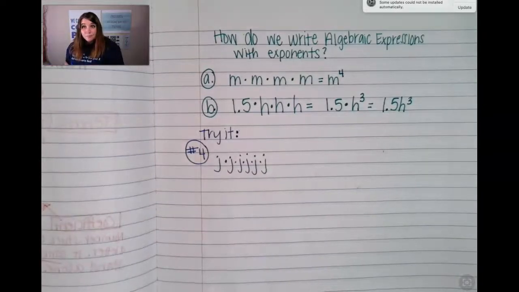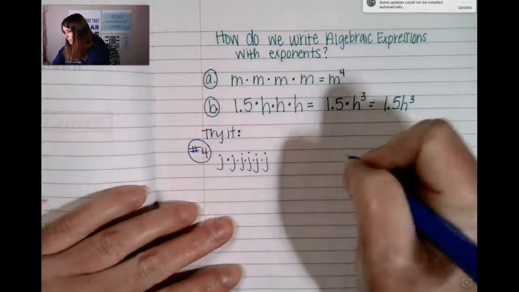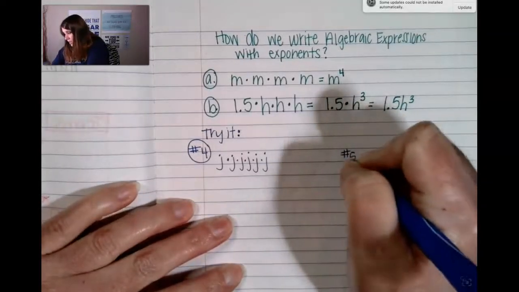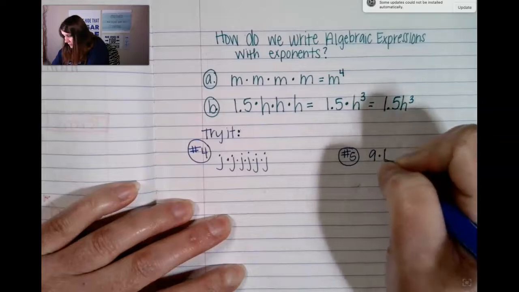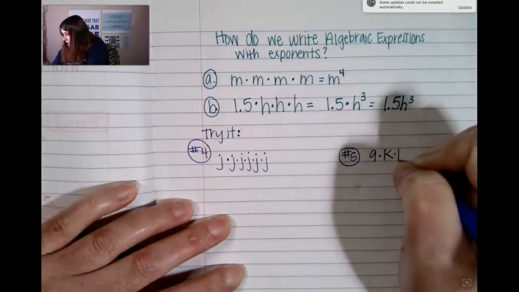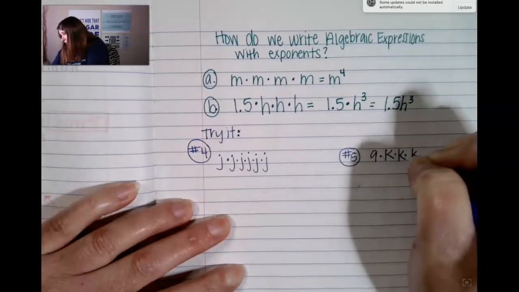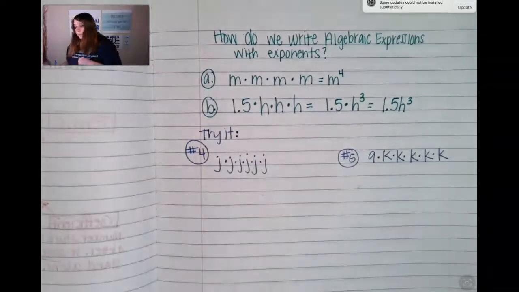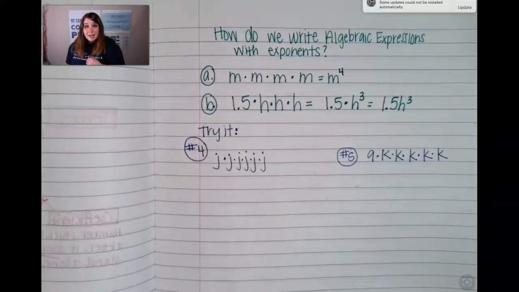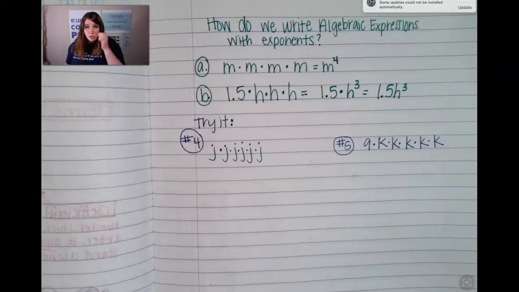Make that into an exponent for me. And then triad number 5 says I want 9 times K times K times K times K. All right, go ahead and hit pause right now so that you don't hear me.